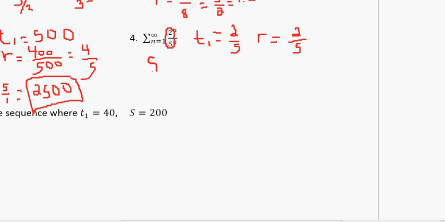Since 2/5 is between -1 and 1, this thing has a sum. And the sum is equal to t sub 1 divided by 1 minus r. So that becomes 2/5 over 3/5.